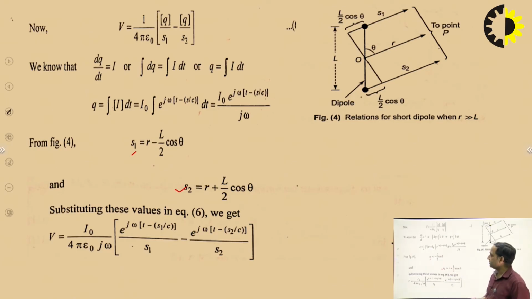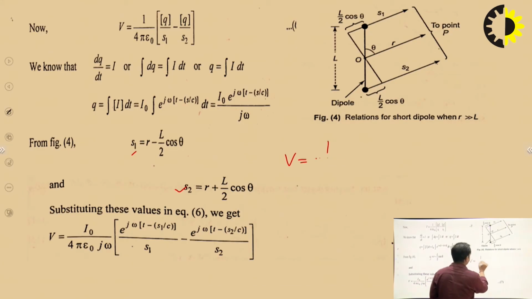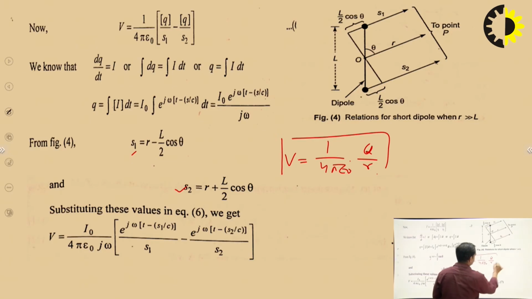So we are writing the scalar potential V. We know the formula: V is equal to 1 upon 4 pi epsilon naught Q upon R. We know this formula for the scalar potential, and we are writing it for the case where positive charges are accumulated here and negative charges are accumulated here.